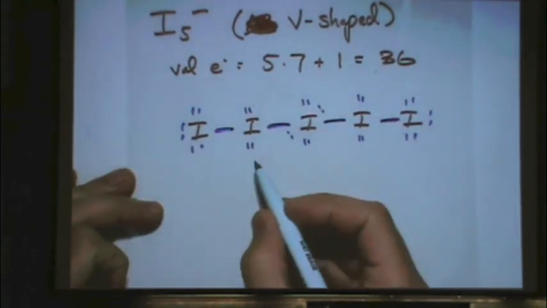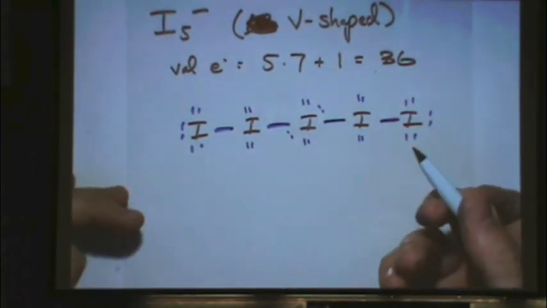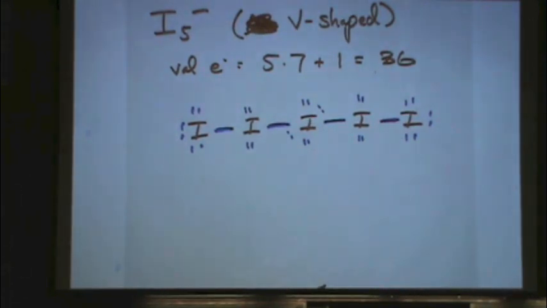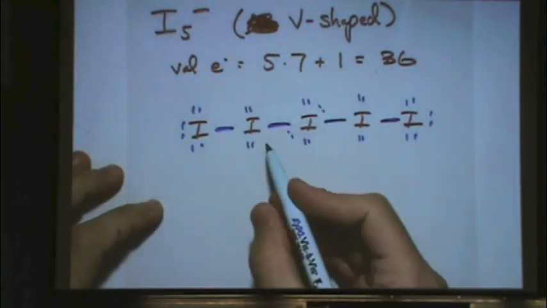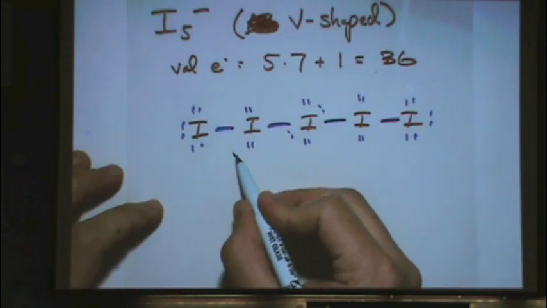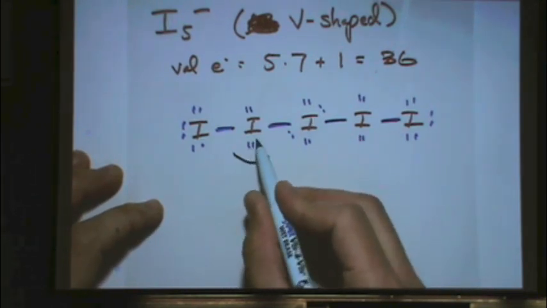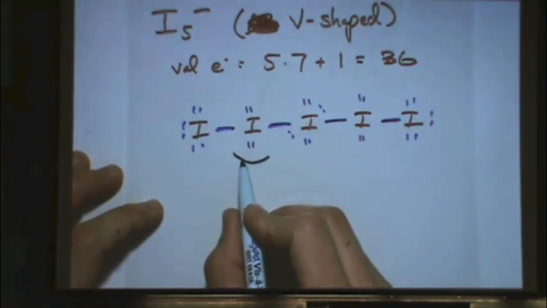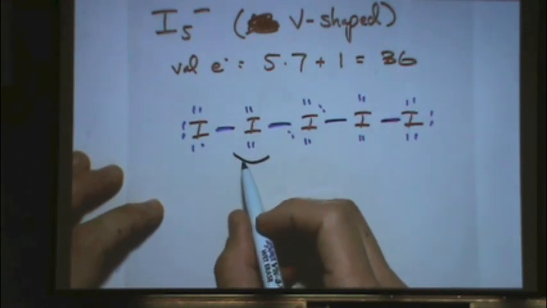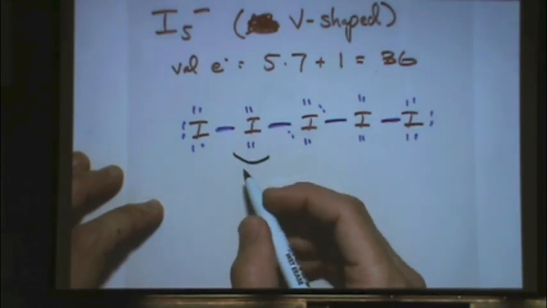Okay, so if we do that, let's check if it's V-shaped. Now we have to do VSEPR stuff. What is the electronic geometry of this right here? Electronic geometry. Not bad. Tetrahedral, there's 4 groups, and with 2 lone pairs, it's bent.